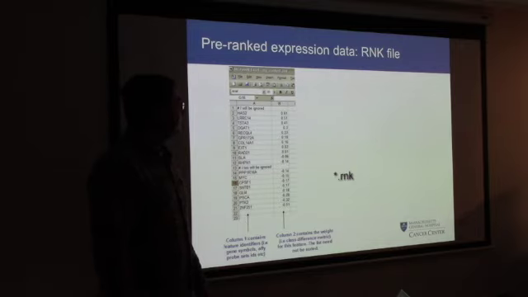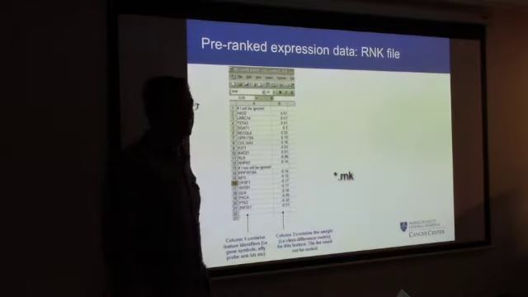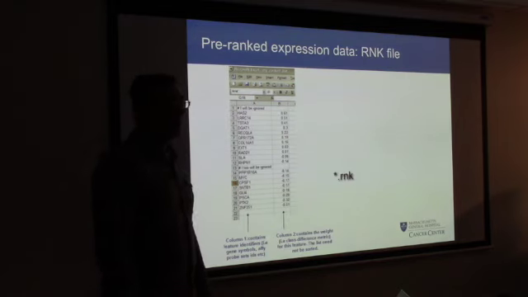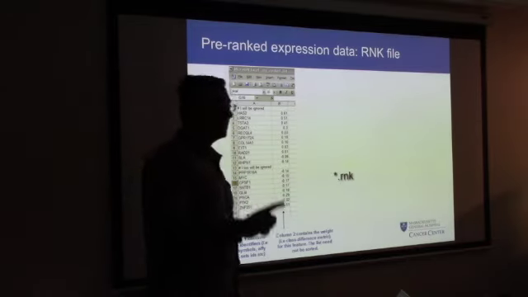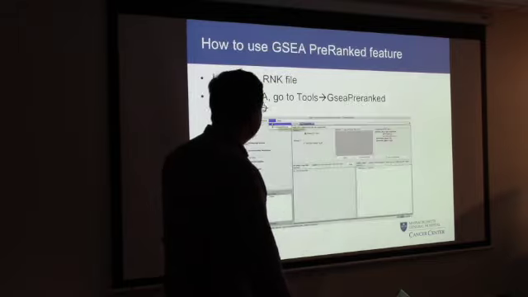Ideally, we would want it ranked by the order of the second column, which is your fold change. Now in the practical, I have given R code for how to go from differentially expressed genes results to a ranked list. All of that code is there, and we'll go over that.